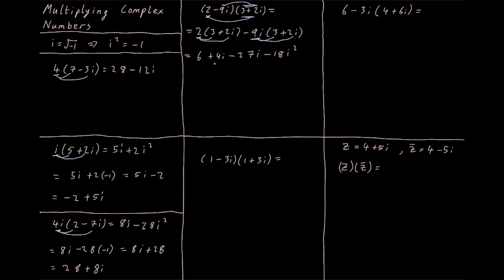I can also deal with my like terms. I have 4i and minus 27i. So I can add them up and I get minus 23i. I have minus 18 times minus 1 because i squared is minus 1. So I tidy that up further. I have minus 18 times minus 1 is plus 18.